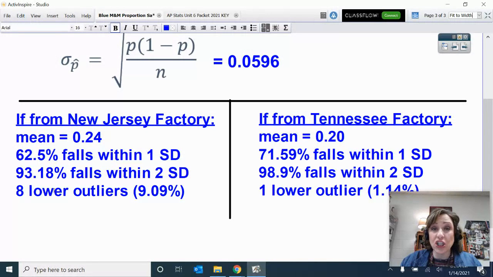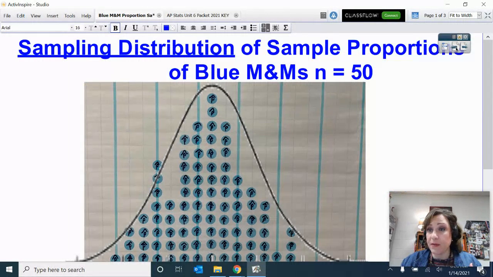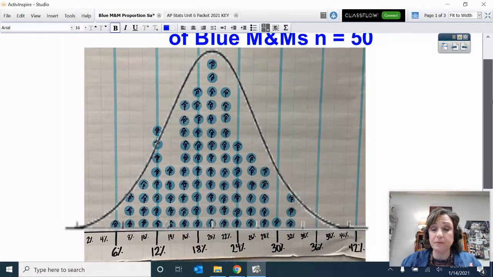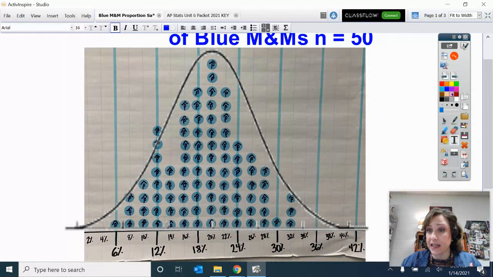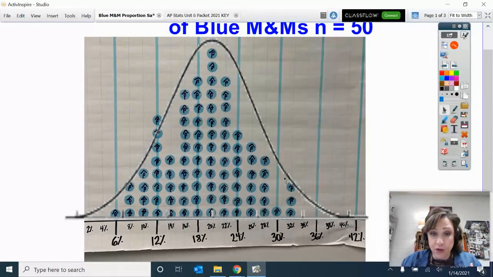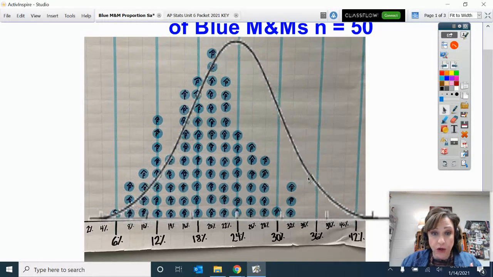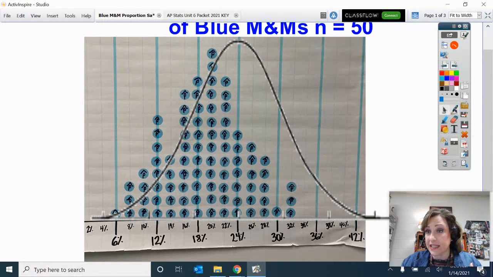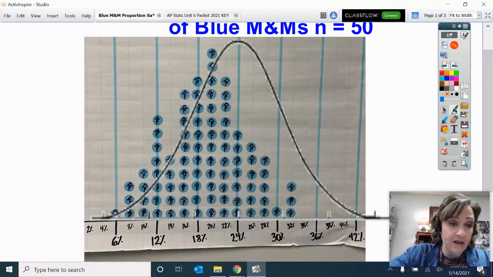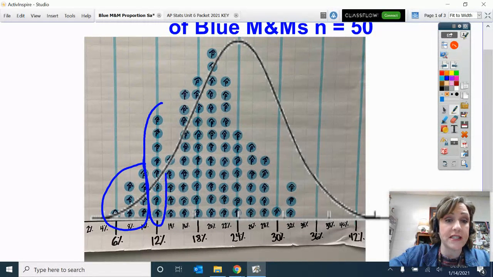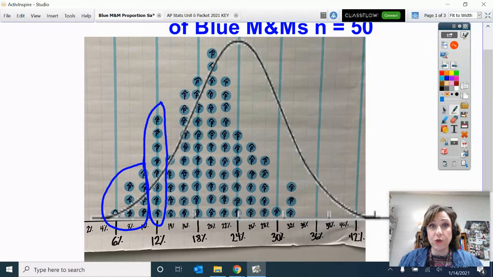We had 8 lower outliers if we say the data is centered at 24%. Let me show you where those would be. If I move this here, where it's centered at 24%, then I would have all of these outliers, plus all of these ones that were right on 2 standard deviations from the mean. That is a lot.